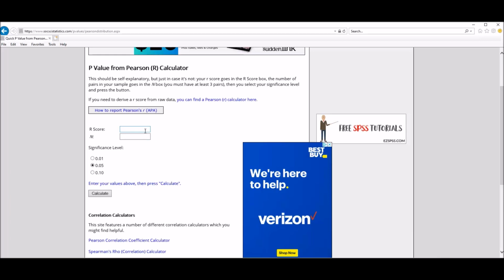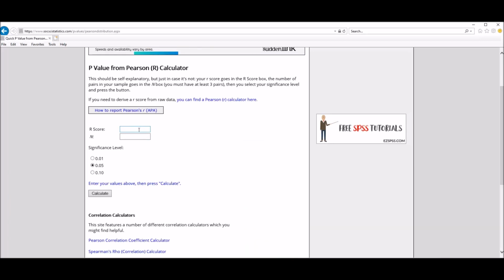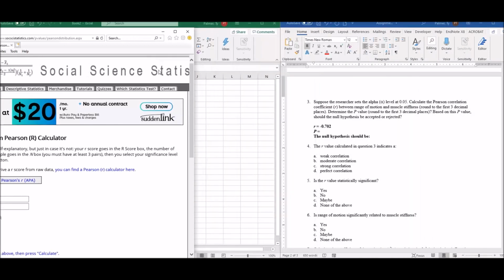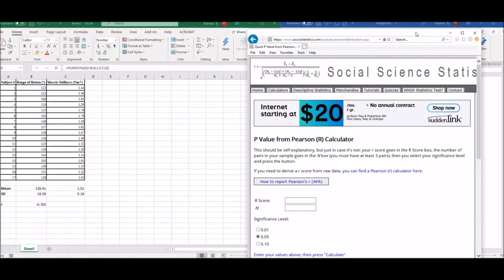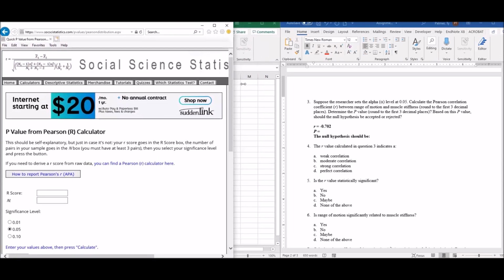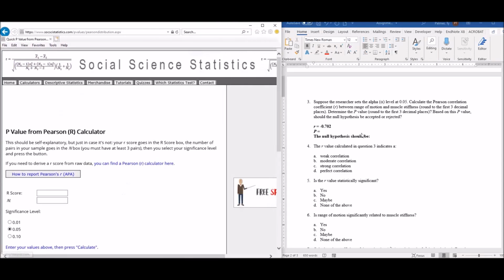All we have to do is just input the R score that we just got through calculating. And let me make this a little bit smaller so you can see this simultaneously with our assignment.